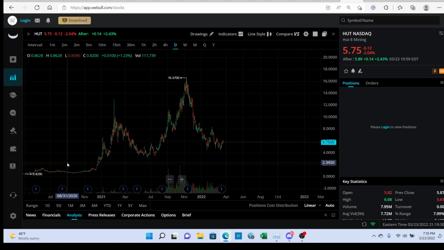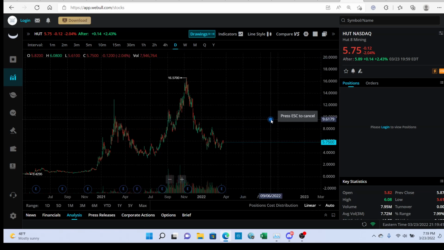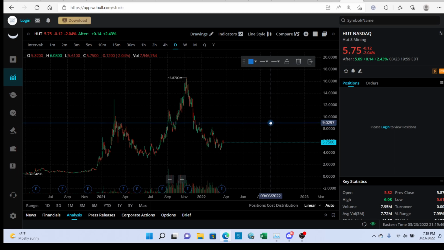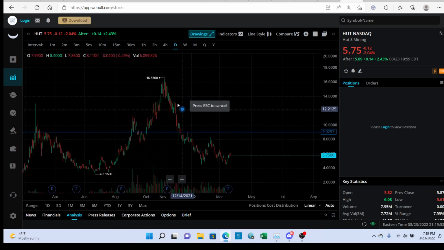But overall, the one thing I do see is that this could just end up being a very broad head and shoulders if we do manage to go up again. So that would be some risk if this does rally. And we did break a recent downtrend.